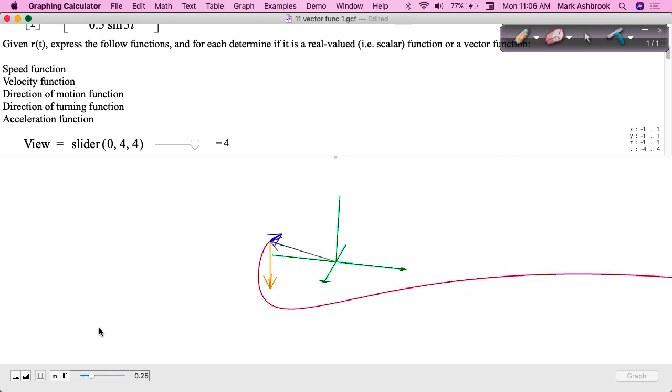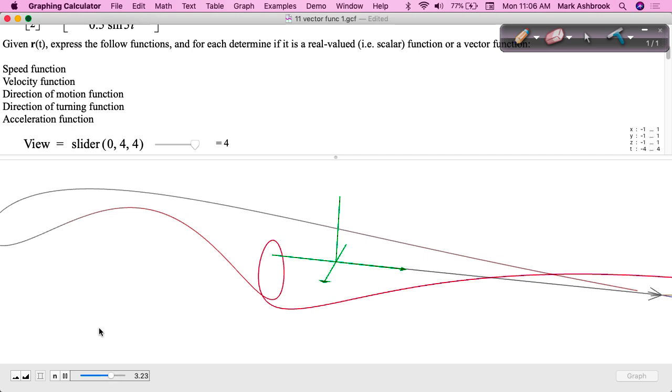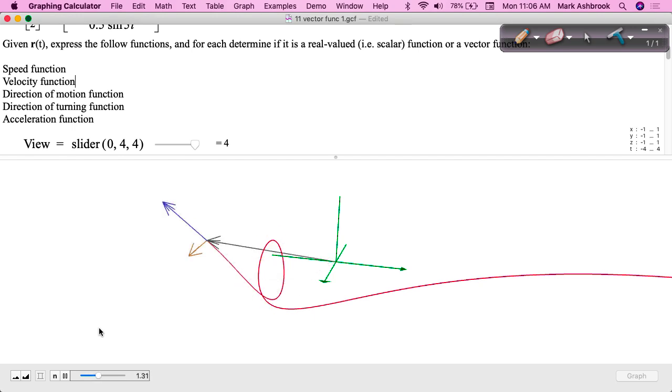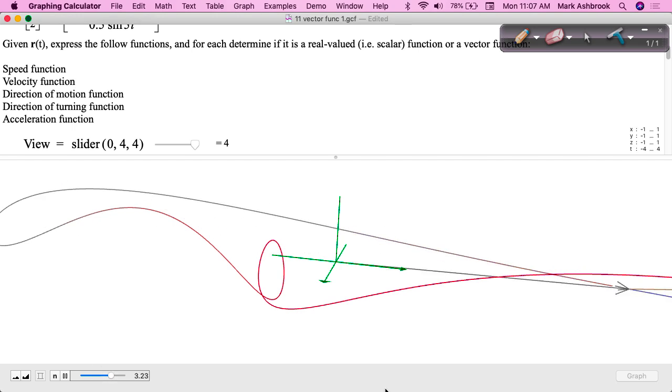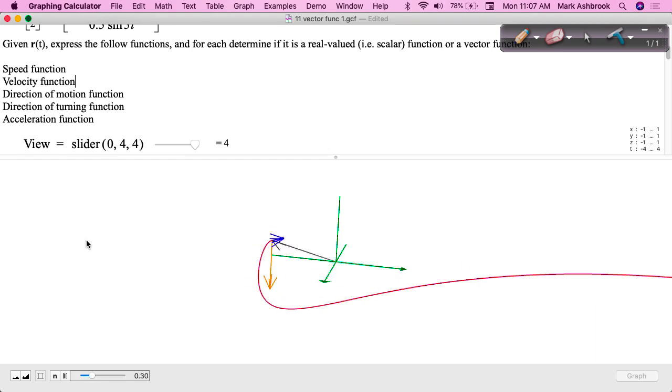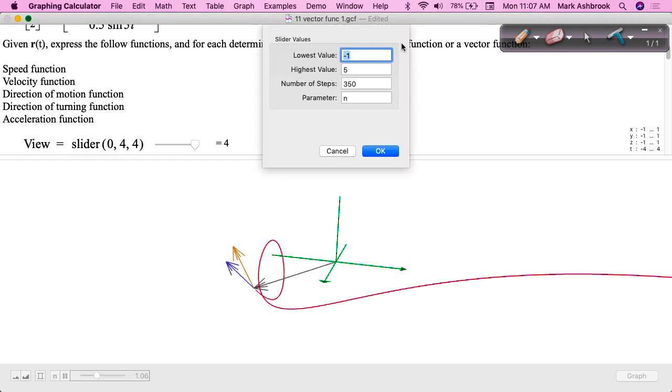I'll slow it down. I'll make it not so fast. And at different segments of this curve, based on what we just talked about, try to make conclusions about why the magnitude and the direction of our gold acceleration vector is what it is for different segments. So you could talk about maybe along this first segment here, along the loop, coming out of the loop, etc.